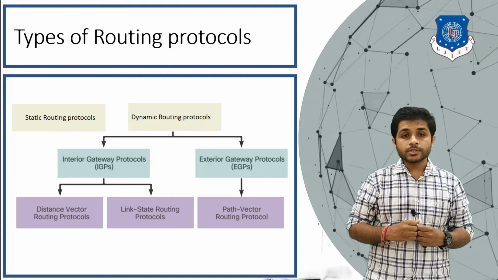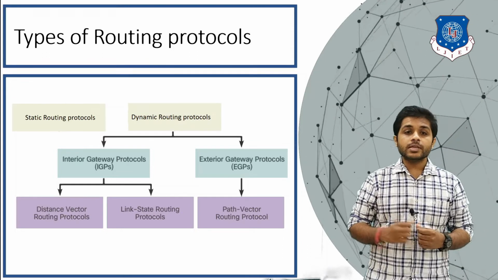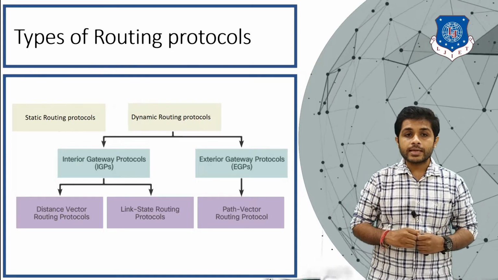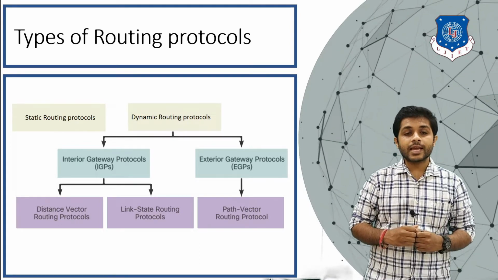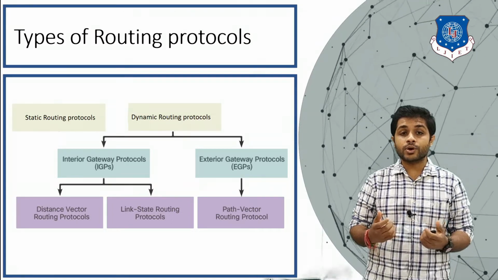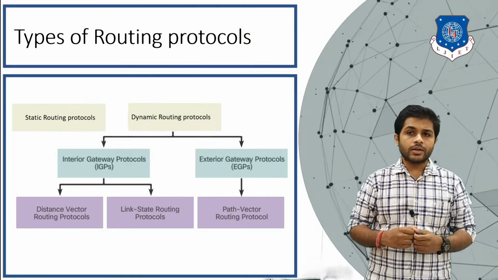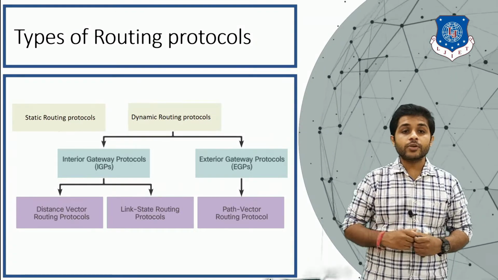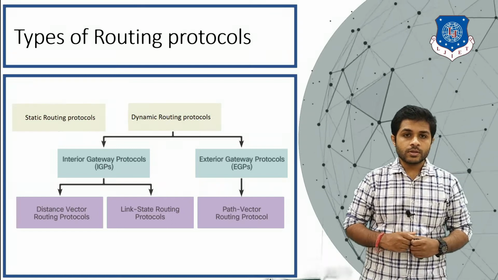What is an autonomous system? An autonomous system is a network in a comparatively small geographical area. For example, it can be the network at your office, at your college, or in your lab. At that level, interior gateway protocols are used.